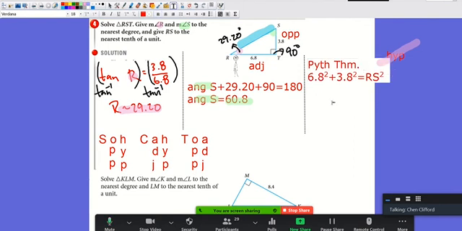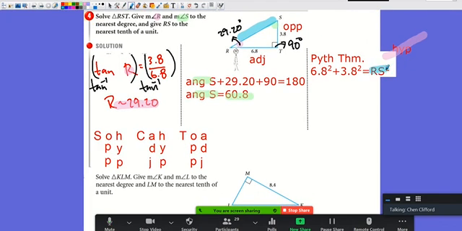If you were to use trig, okay, you can actually, for this one, use cosine. For RS, you can do something like this for trig. Okay, you can do a couple things. And this is the last thing before I wrap it up. You can do cosine of 29.20 equals 6.8 over RS.